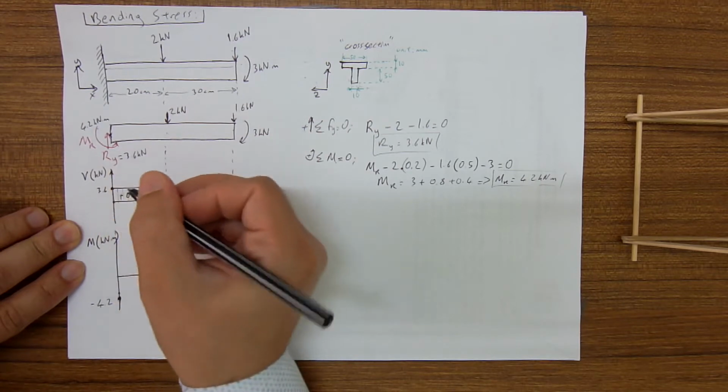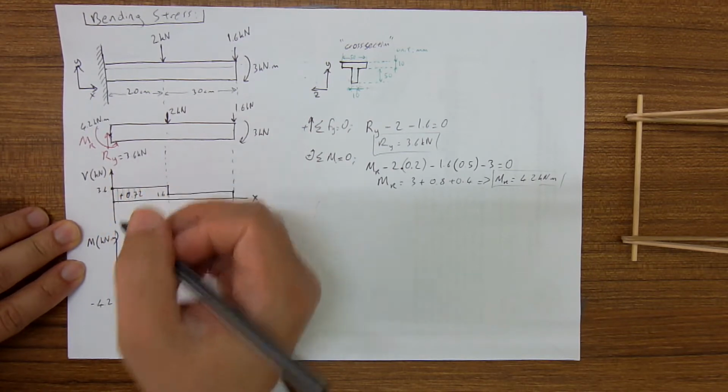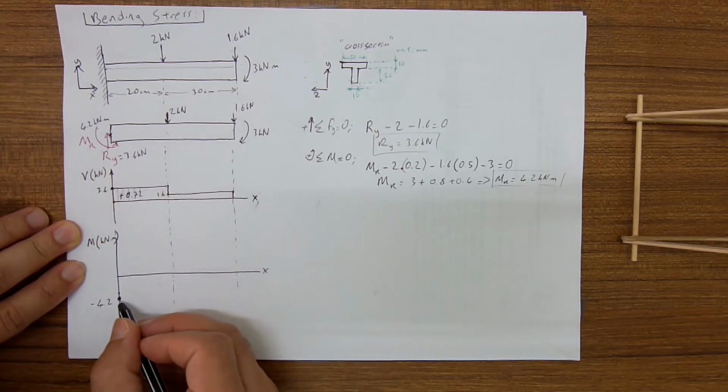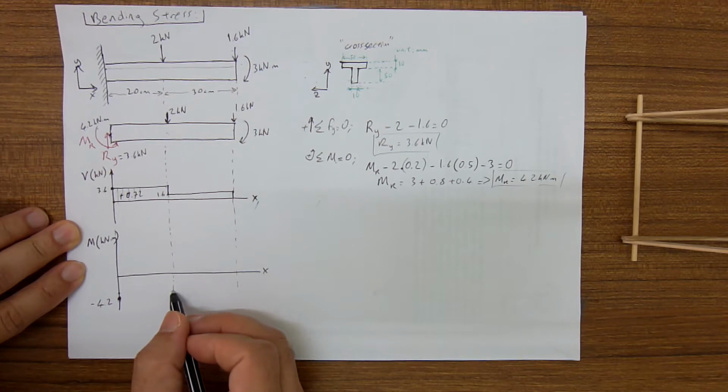So it is positive. So we will add up 0.72 here and go to the next discontinuity.